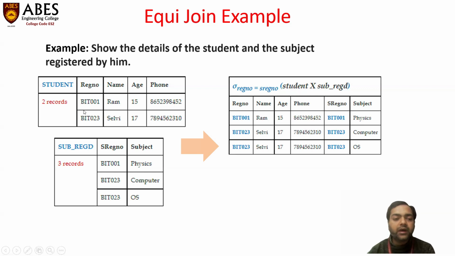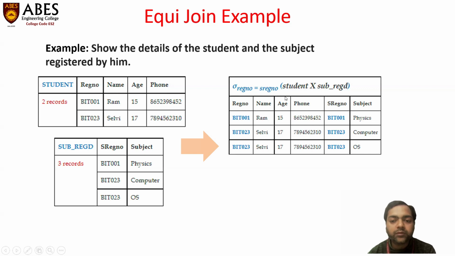So in both relations we have at least one column, registration number, that must be the same. Now only the matched tuples will be considered in the resultant relation, and because we have not applied the pi operation here, all the columns of both relations will be in the resultant relation.